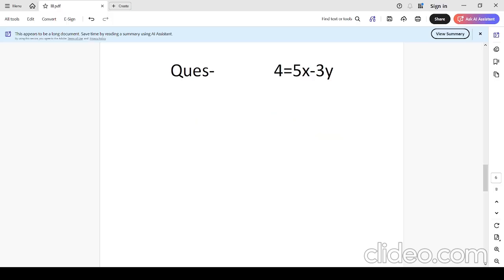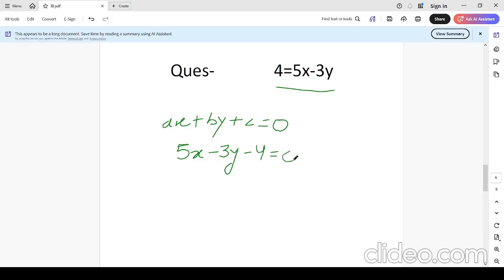Next question we have is 5x minus 3y equals 4. Again, first write the standard form, ax plus by plus c equals 0, and convert the equation into standard form. 5x minus 3y minus 4 equals 0.